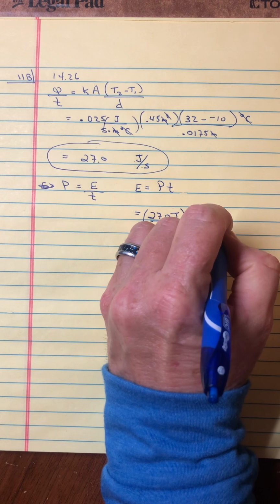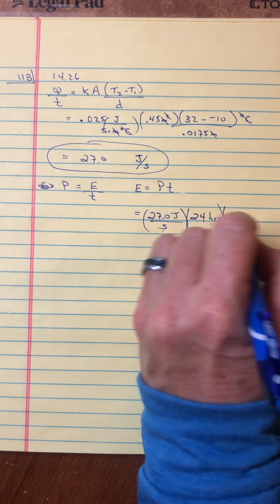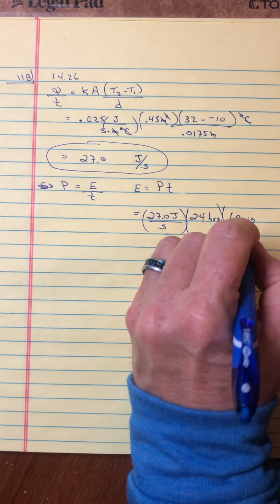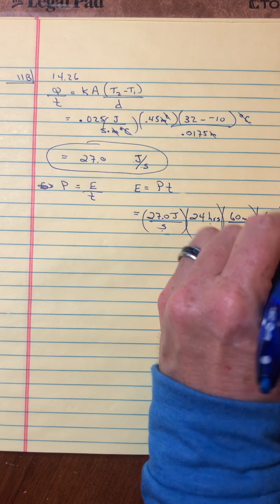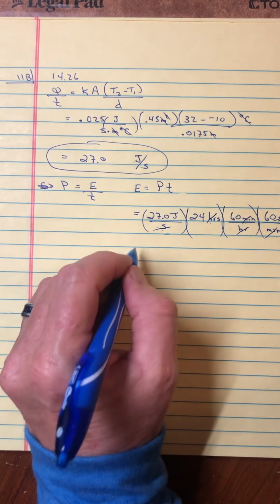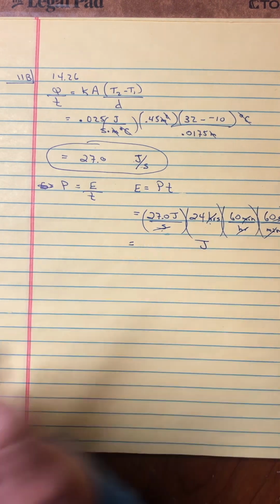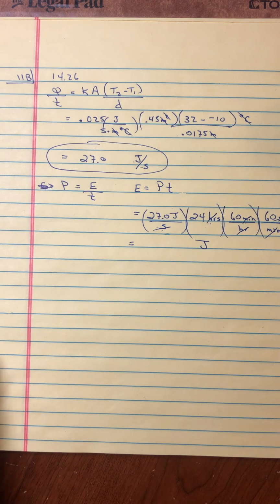So we have 24 hours, and then times 60 minutes in an hour, and then 60 seconds in a minute. So hours cancel off, minutes cancel off, and then seconds cancel off, and finally we get joules. Still not quite done, but a good start.